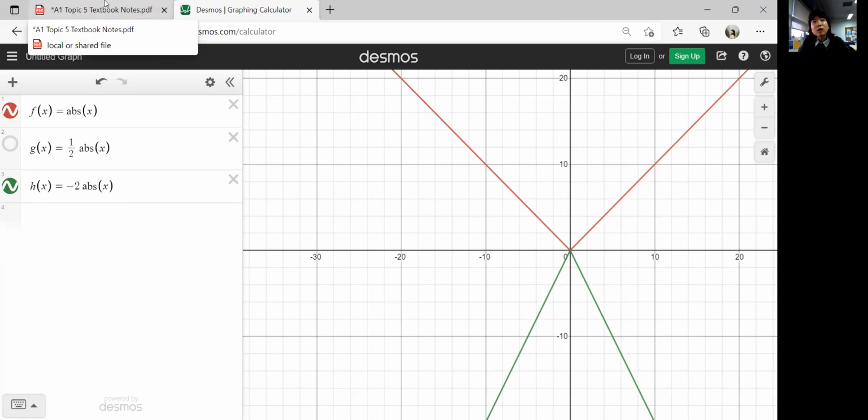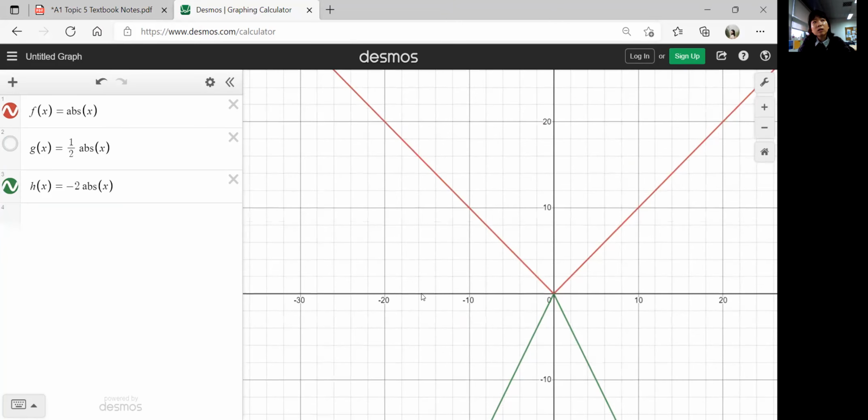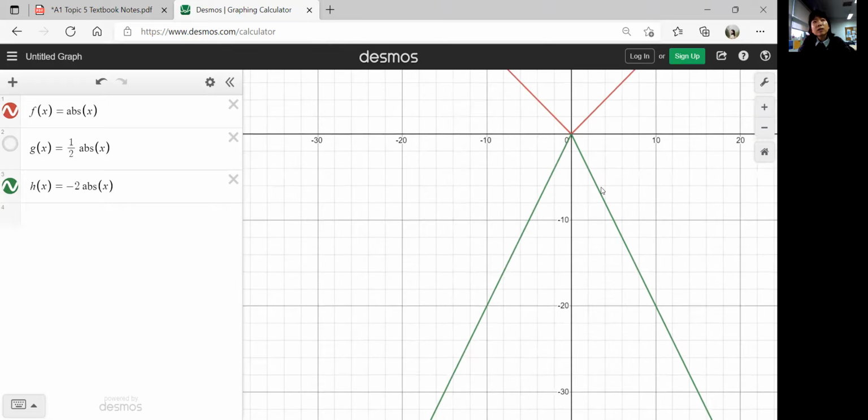You see that? So all the values of the domain, all the x values, are still the same. They're all positive, all negative, and 0 numbers. But the range used to be all positive numbers. Now it's all negative numbers.